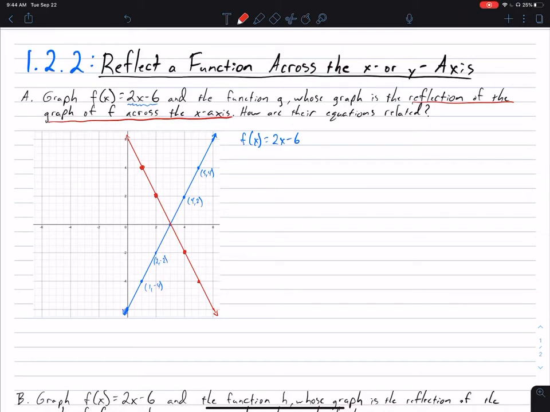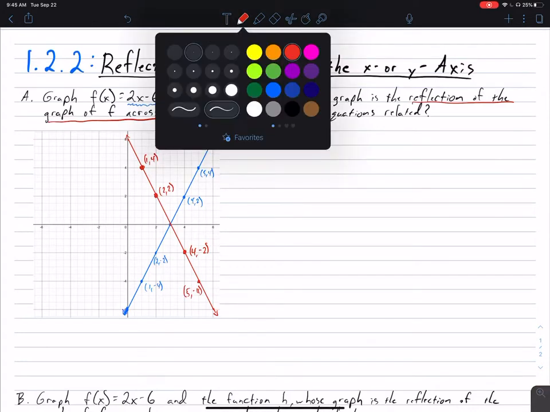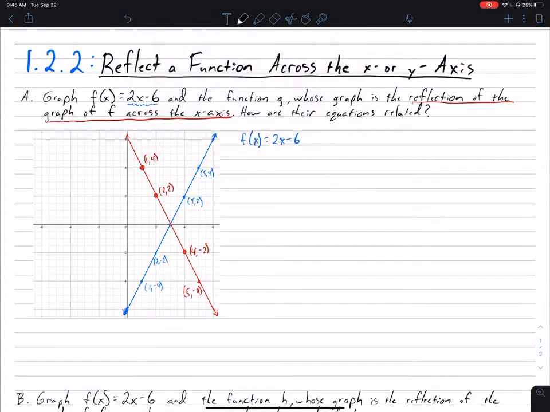So if I look at each one of these points, this point is 1, 4. This is 2, 2. This is 4, negative 2. And then here I have 5, negative 4. So we're trying to figure out what's happening when we reflect across the x-axis. So my original point, I had 1, negative 4. Well, that point became 1, 4.